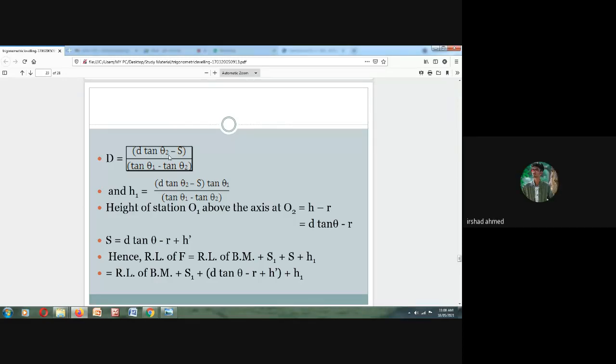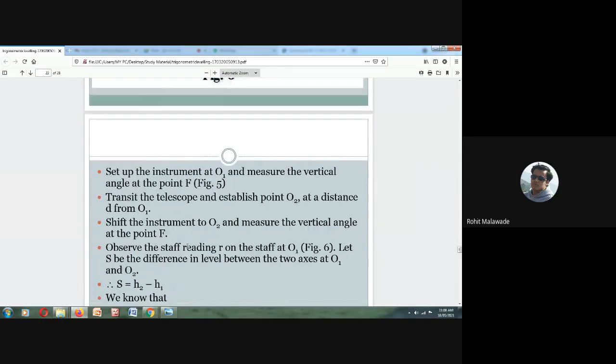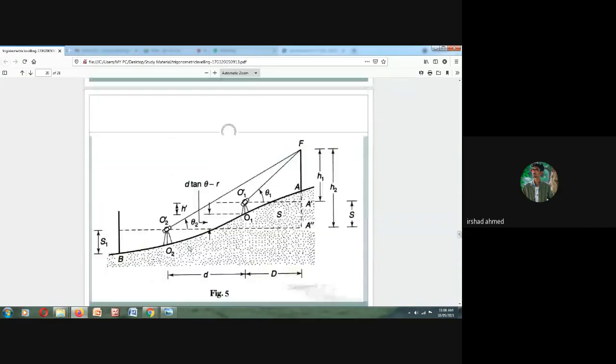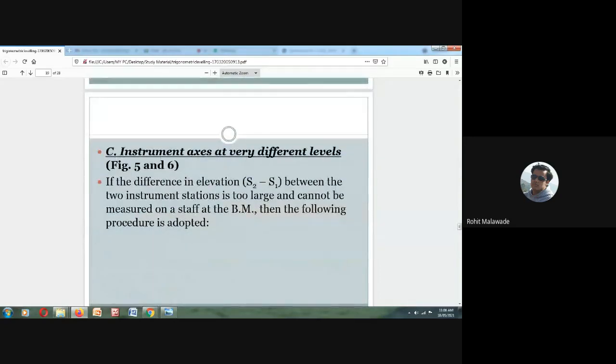Next class problem, sir. This class only theory. So shall I continue the theory of the second case also? Yes, sir. Okay, then we'll have this theory, and we will go to the problem in the next class.